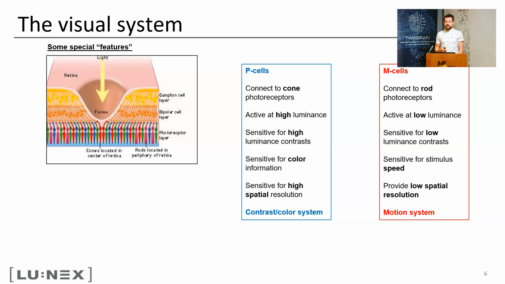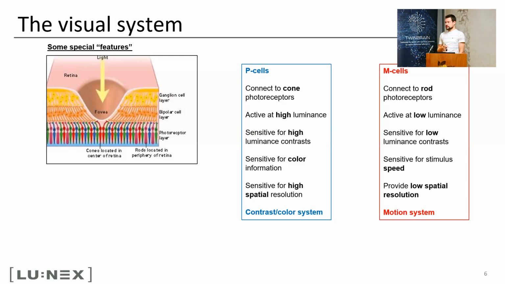P cells are active at a high luminance. So we need a certain level of minimum luminance to get these cells active. If it is night, for example, it's dark outside, then we are typically seeing with our M cell system. This is why we cannot perceive colors, because the P cells are not active at that time. So we need a high luminance.